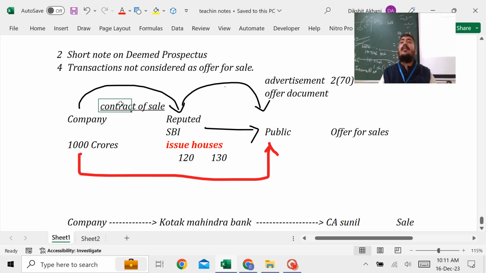They will officially pretend that the company is the seller of the shares, SBI is the buyer, and whatever SBI is selling further to the public is resale.